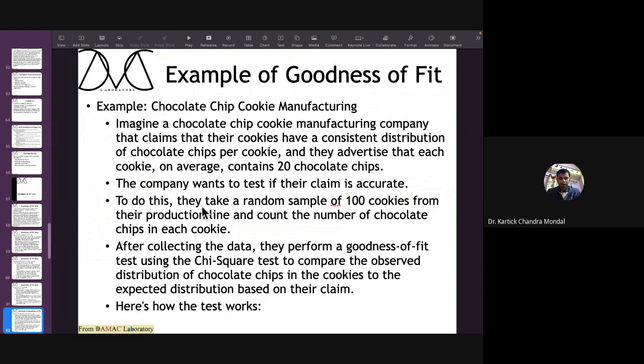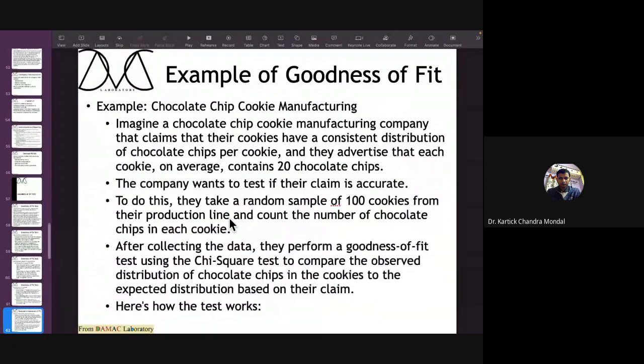To do this, you bought 100 cookies, randomly chosen from different packets, and count the number of chocolate chips present in those cookies. That is the sample size, because companies produce millions and billions of cookies every month, so having all of them to test is not a cup of tea.